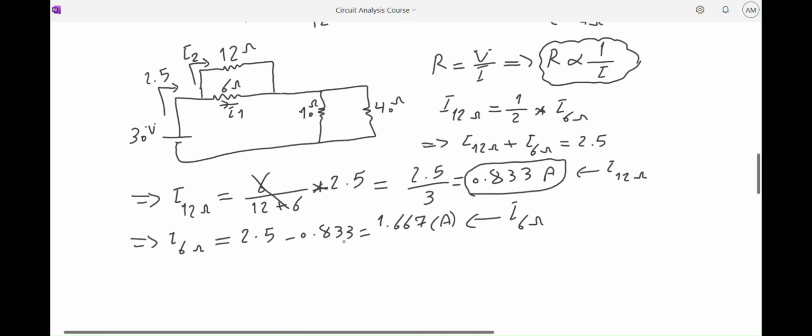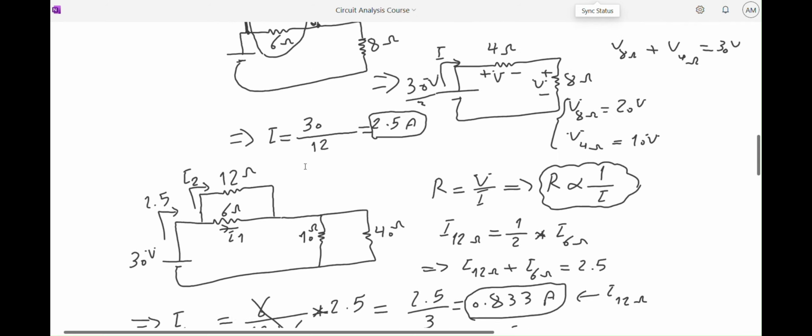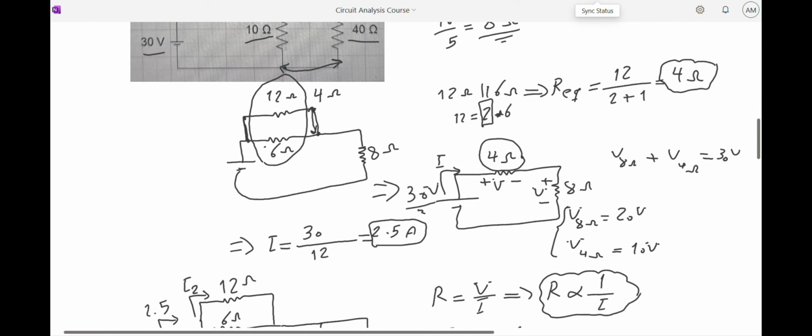Okay, I know the current, I know the resistor, but do I know the voltage? If you remember here, I just calculated the voltage. This 4 ohm here is the equivalent resistor of 12 and 6. And as 12 ohm and 6 ohm were in parallel, they have the same potential.